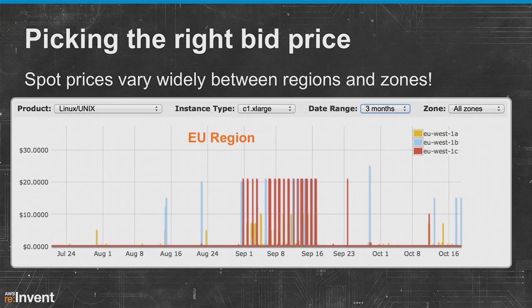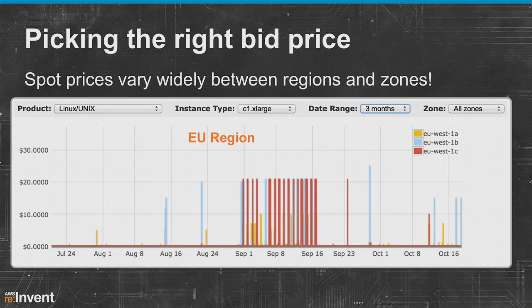So I put this graph in here to illustrate two things. One, sometimes the bid prices can go crazy. Two, it is very, very different based on region and zone. So if you're going to do analysis, do not just do analysis on one zone for one bid price and think that your servers will react in the exact same way across regions and across zones.